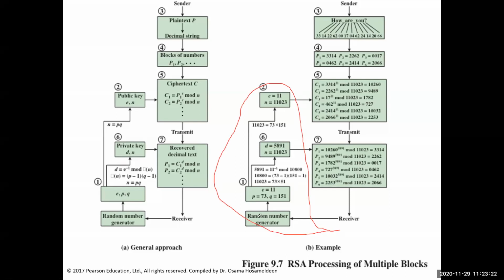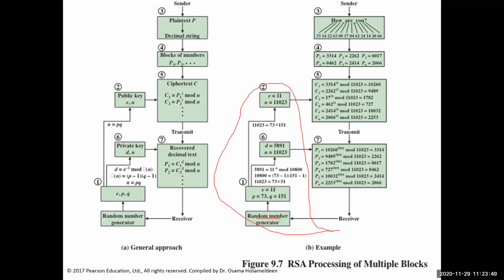The first step is to select random numbers, two prime numbers. So we selected P and Q, which are prime numbers, 73 and 151. These are the two prime numbers. And using the calculations or the equations before, we find E to be co-prime with φ(n).